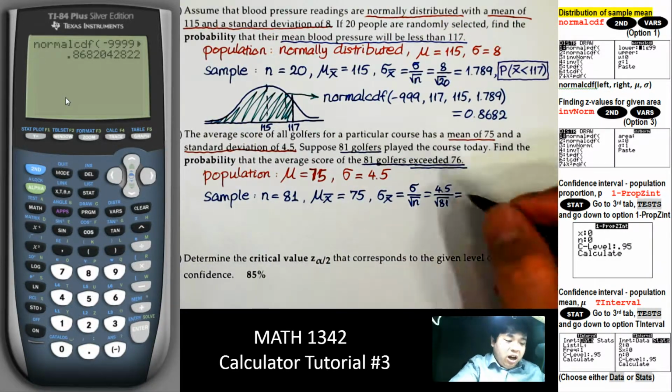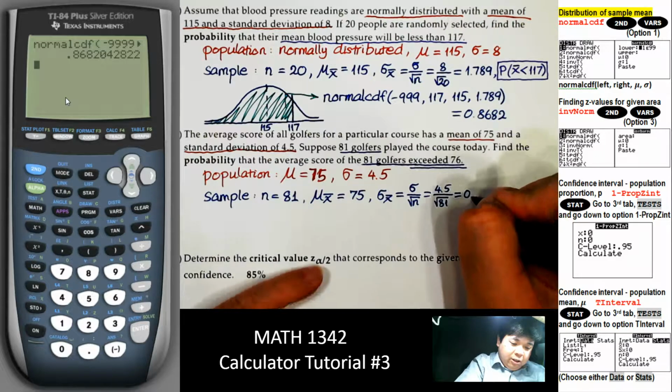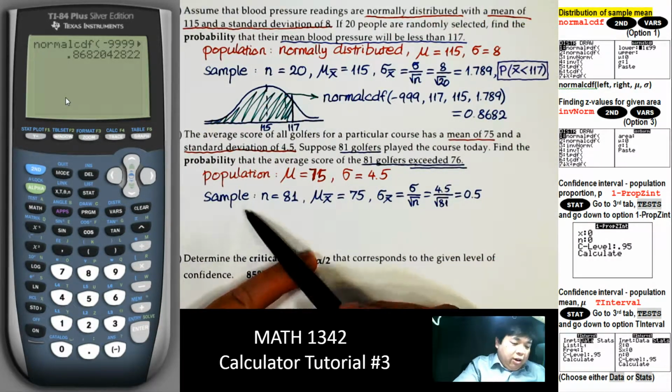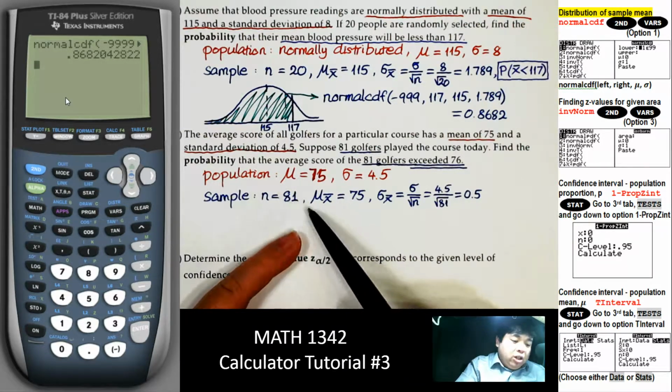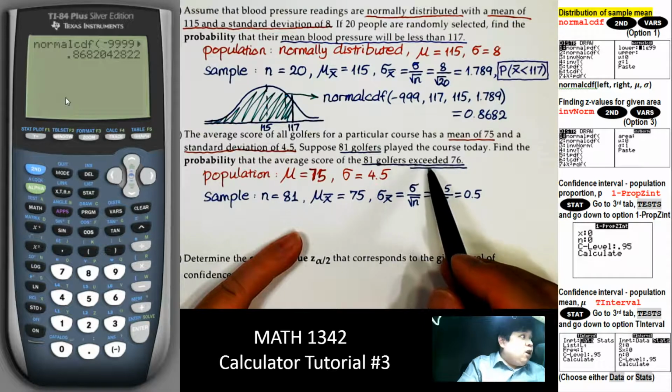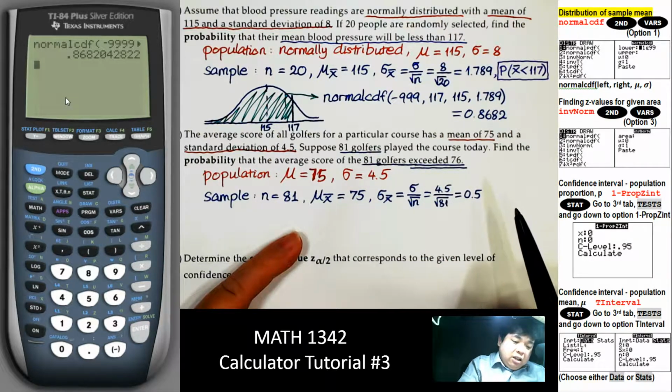Square root of 81 is 9, so that's just 0.5. Right, so that's what we have from the population, and we'll go to the sample. Now the question wants us to find everything that is more than 76.